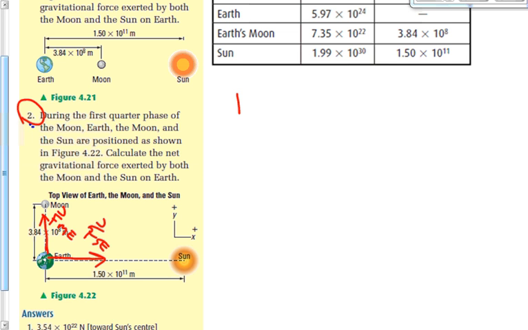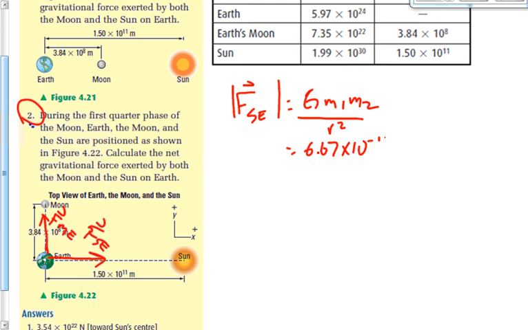The force of the sun on the Earth is G M1 M2 over R squared. That's 6.67 times 10 to the minus 11 times the mass of the moon, which is 7.35 times 10 to the 22, times the mass of the Earth, 5.97 times 10 to the 24.